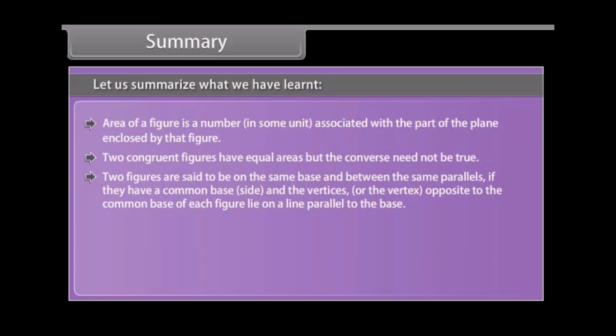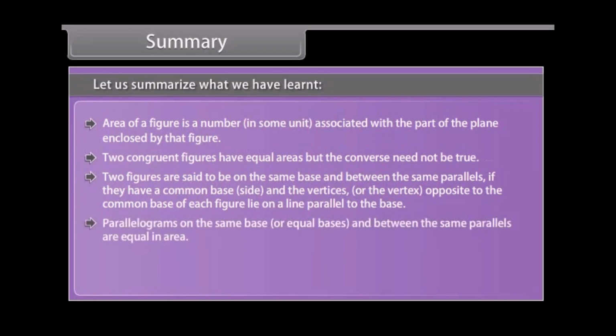side, and the vertices or the vertex opposite to the common base of each figure lie on a line parallel to the base. Parallelograms on the same base or equal bases and between the same parallels are equal in area.